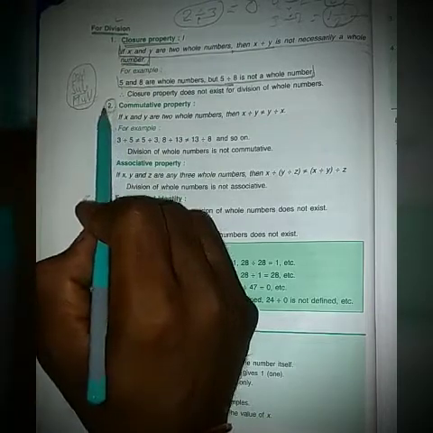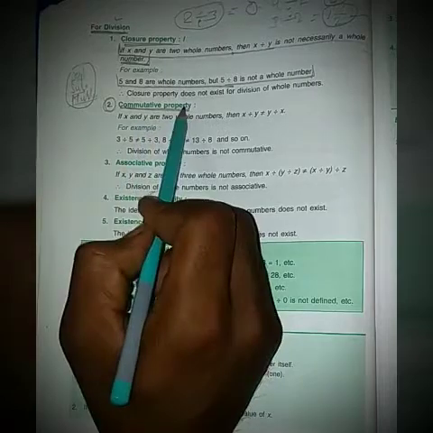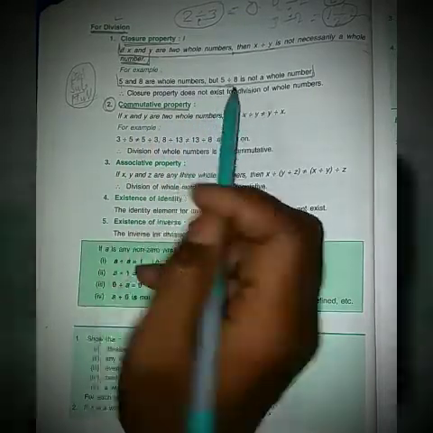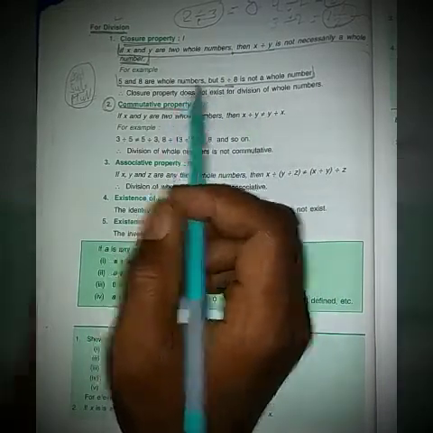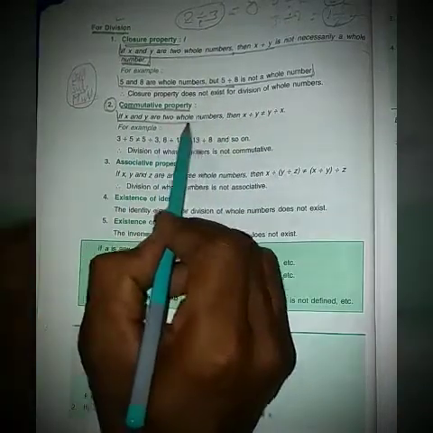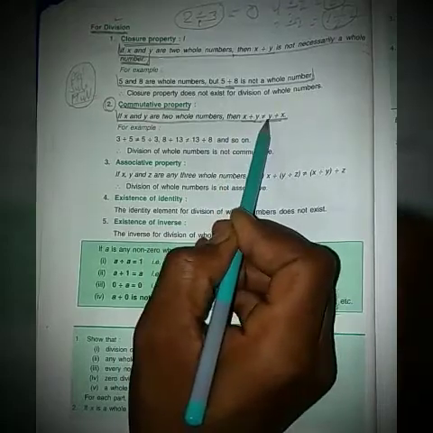Point 2, commutative property. The commutative property tells us that if we divide the first number by the second number or the second number by the first number, the result will be the same. Then this property is satisfied, otherwise not. So if x and y are two whole numbers, then x divided by y is not equal to y divided by x.